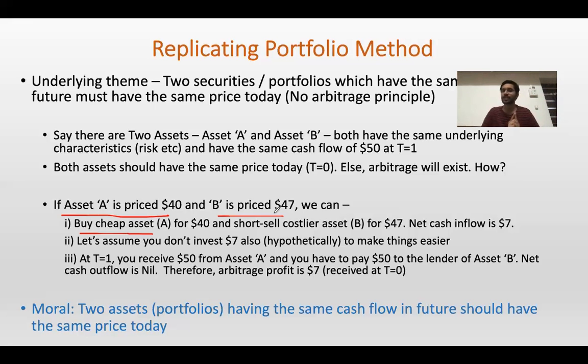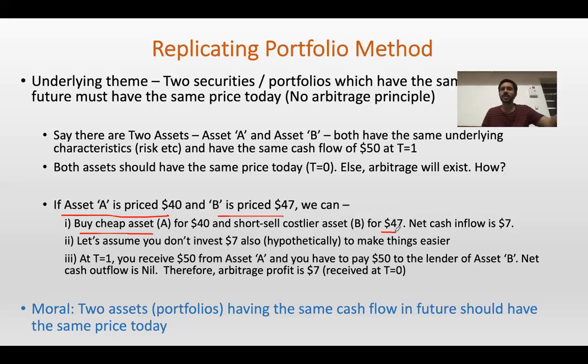He's lending the asset to me and I'm selling it in the market. When I sell that asset in the market, I'm raising $47. Technically this $47 is actually a liability for me, because at a future point in time, the person who has lent me the security is going to come back asking me for the security.